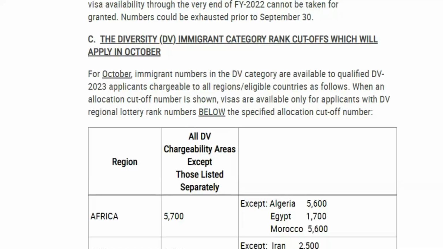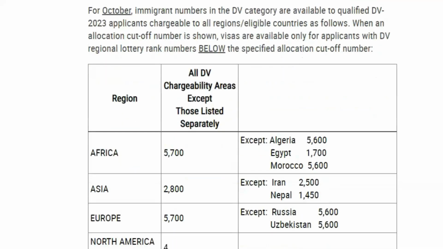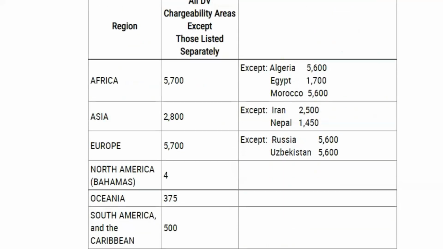And these cutoffs concern the lowest case numbers in each region. This is it. In the table here, we have the various cutoff numbers that will apply to the different regions as well as specific countries in those regions, which we refer to as exceptions.